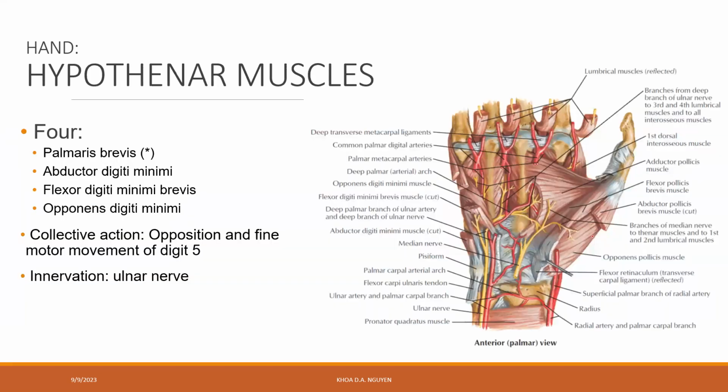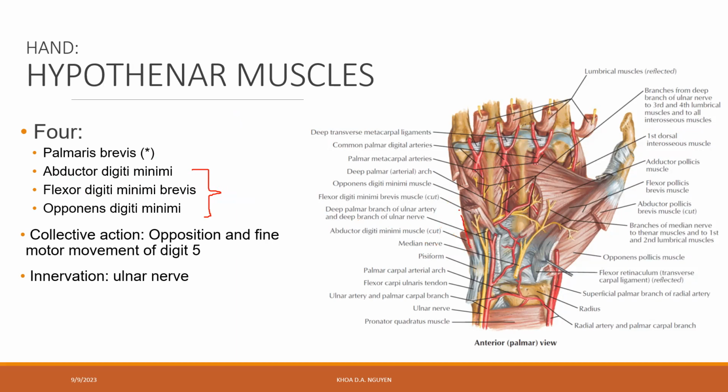Okay, so now let's switch gears. Going from lateral to medial, we have the hypothenar muscles, which control the pinky finger, or the little finger, if you will. There are 4 of them, but more often than not, you will see 3 right here. The abductor digiti minimi, the flexor digiti minimi brevis, and the opponens digiti minimi. So how do these guys compare?